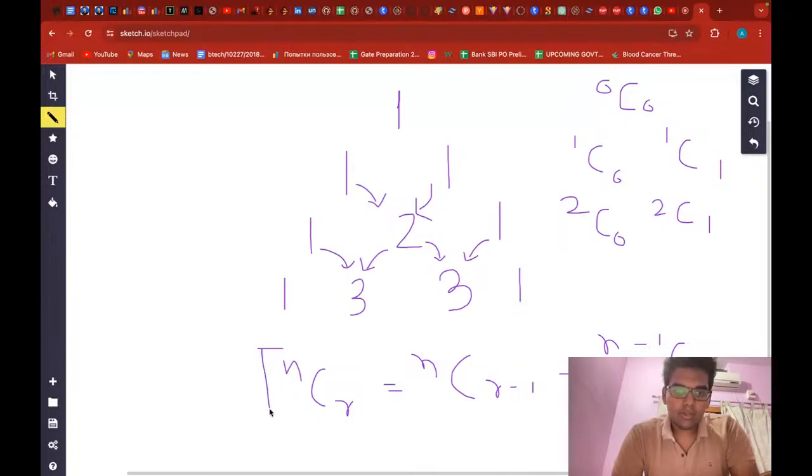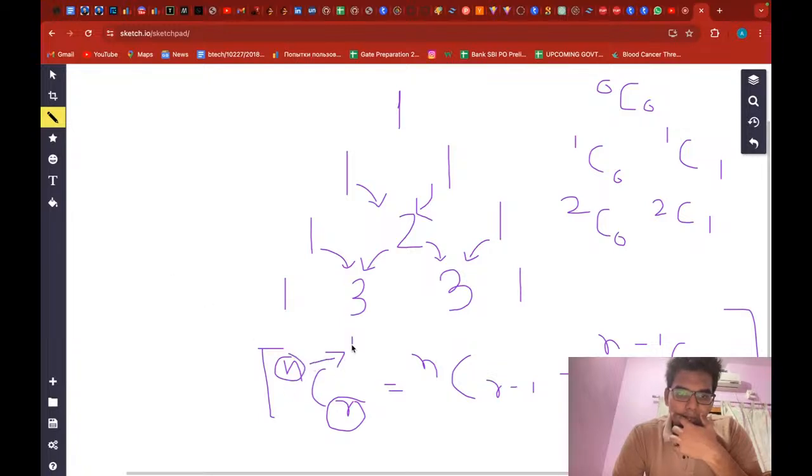Here I am replacing n and r with i and j. So in our code, you will think of n as i and r as j, and for every i we need to move towards the j minus 1th row.